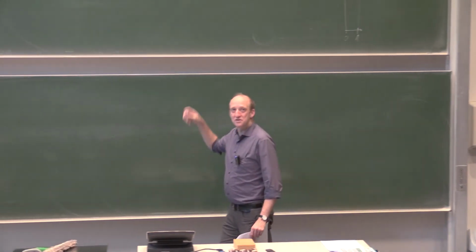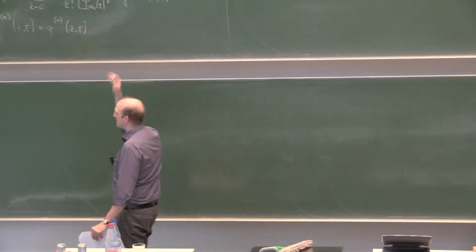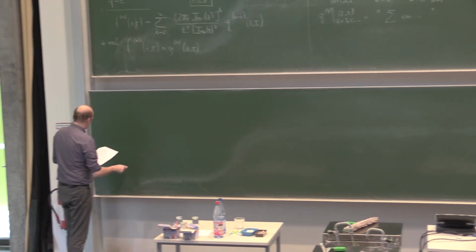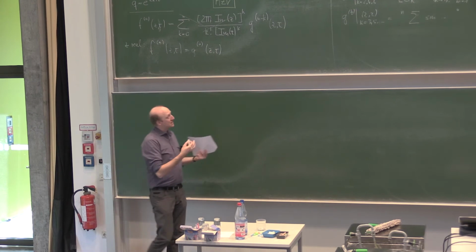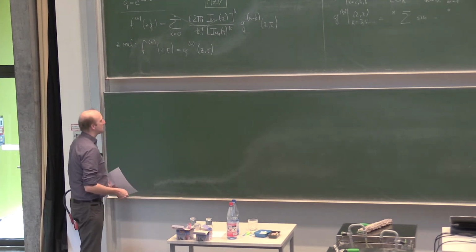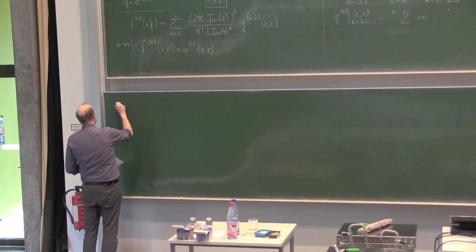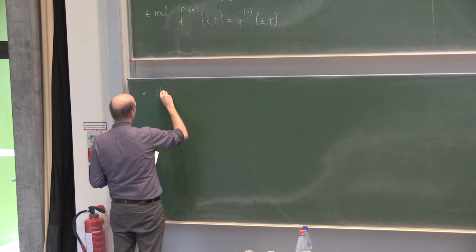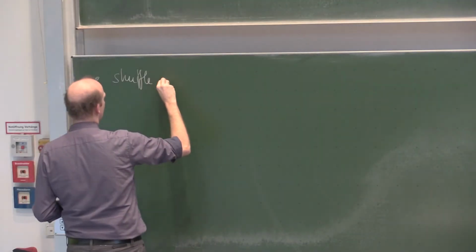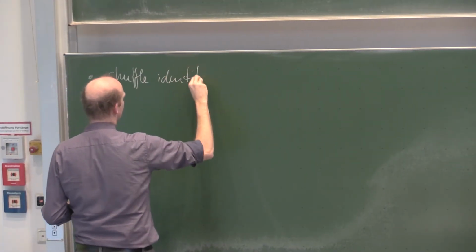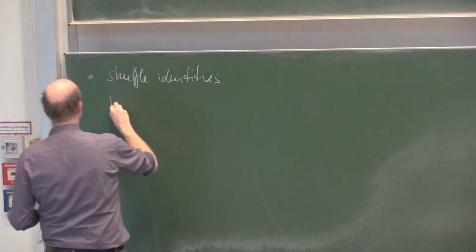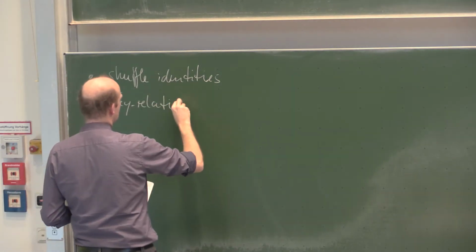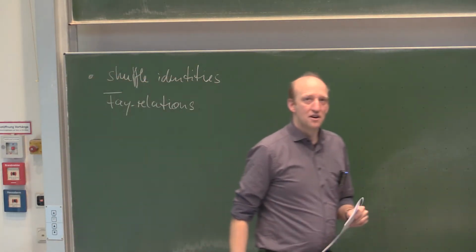So now the tools are here. One I explained, the other one I explained only superficially. And the ways of finding relations can be collected in the following statement. There are shuffle identities. And there are the Fay relations, which is the partial fraction structure on genus 1.